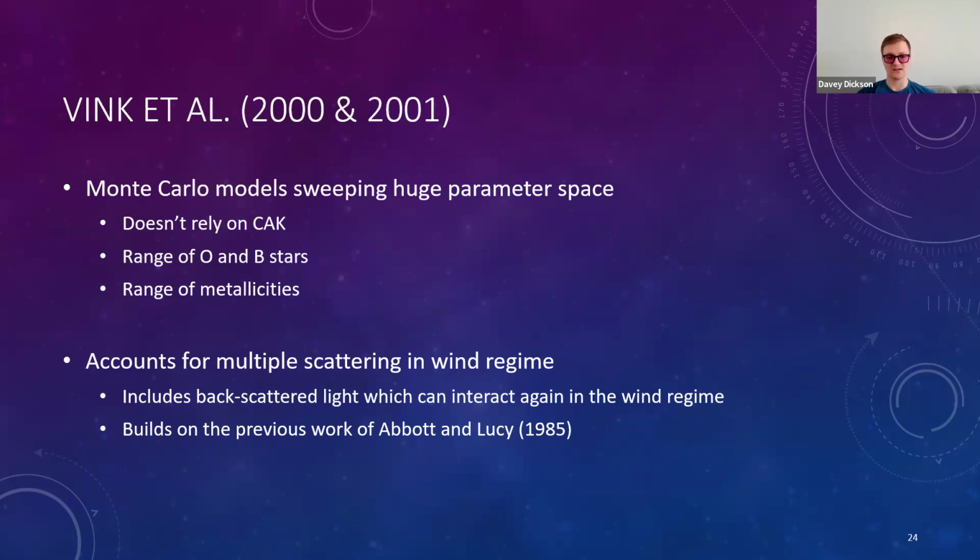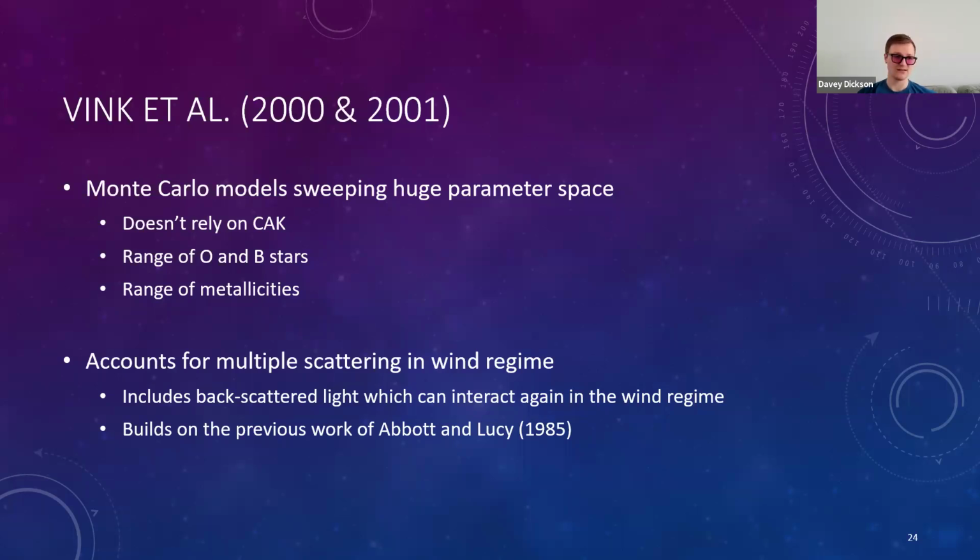So using these randomized Monte Carlo models, they looked at a variety of metallicities and stellar types. And the benefit of this Monte Carlo method, or one of them rather, is that it allowed them to also take into account multiple scattering.